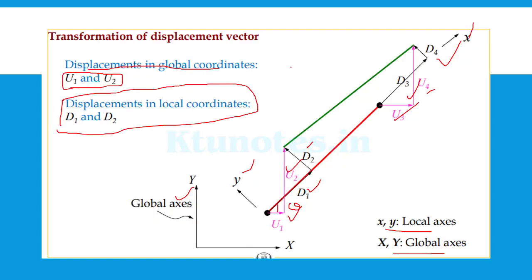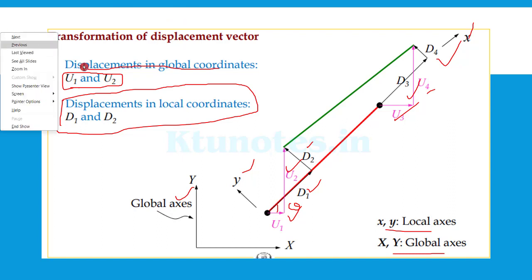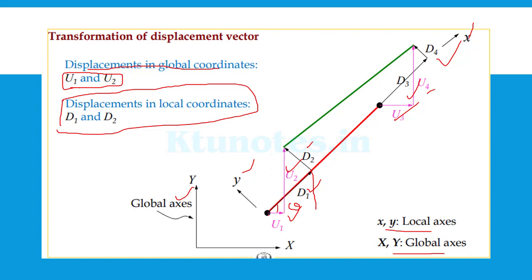So provided this is theta, let's consider this triangle. If we consider this triangle for a d1, that is a linear movement along the small x local coordinate.